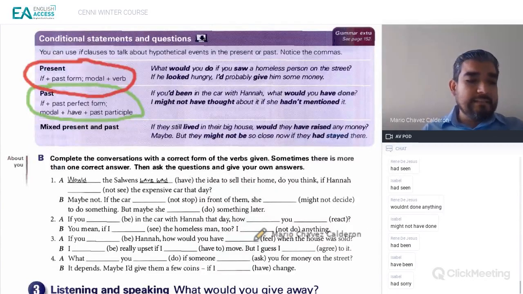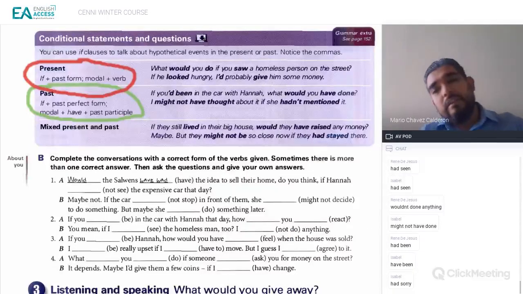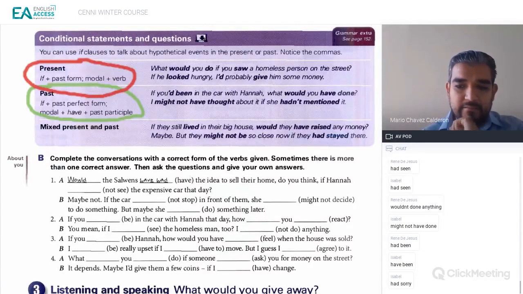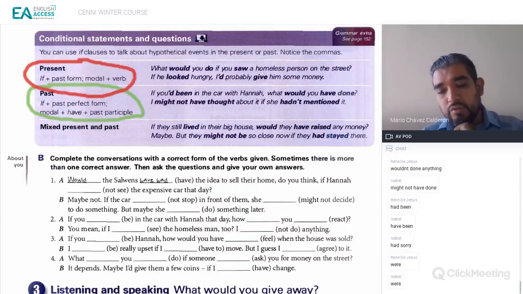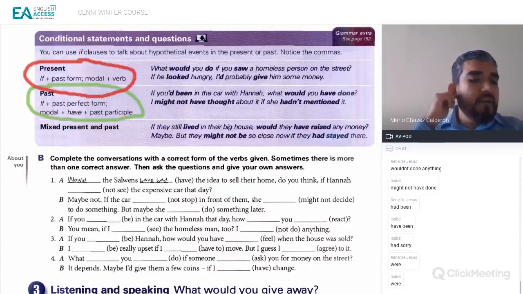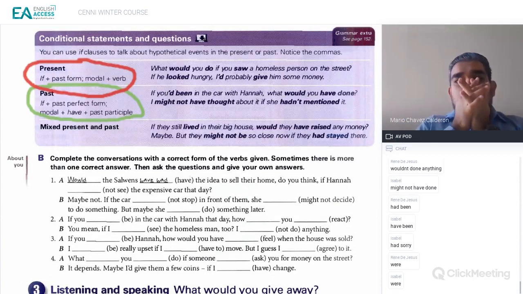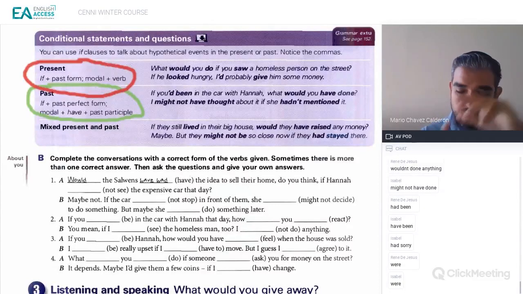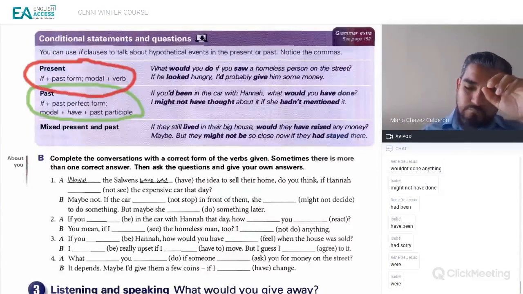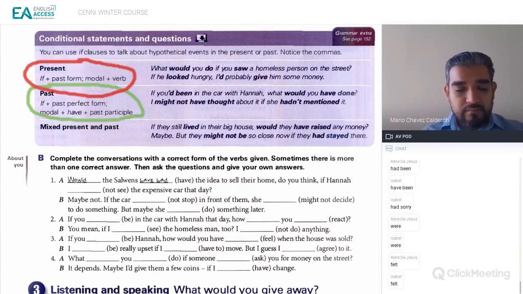No, guys, this is about something in the past or in the present. It says, if you, si tú fueras Hannah, right now. So if you were Hannah, how would you have failed? How would you have failed? Yes.